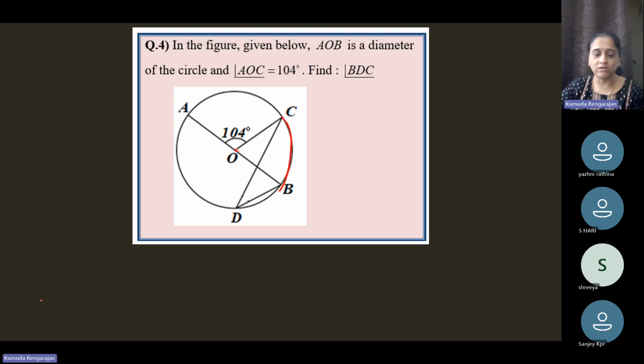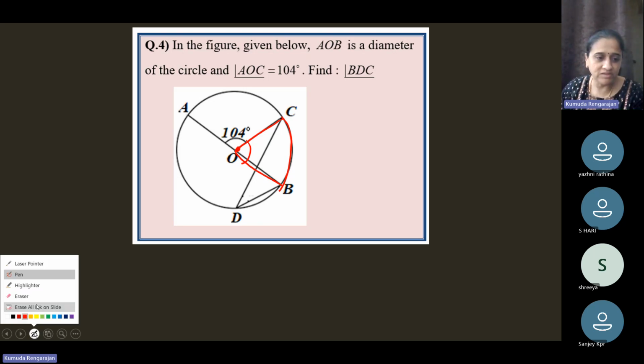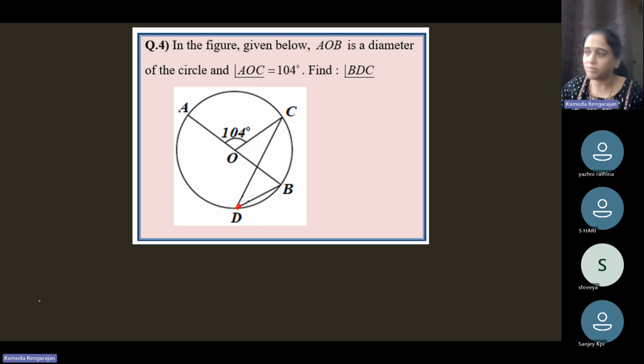O is the center of the circle. Join C to O, B to O. This is the angle made by BC at the center. Now the same arc BC, this is the point D on the circumference. Join C to D, B to D. This is the angle made by the same arc BC at the point D on the circumference.